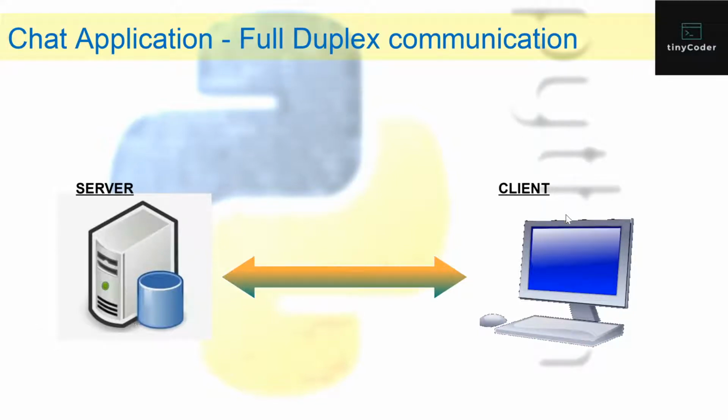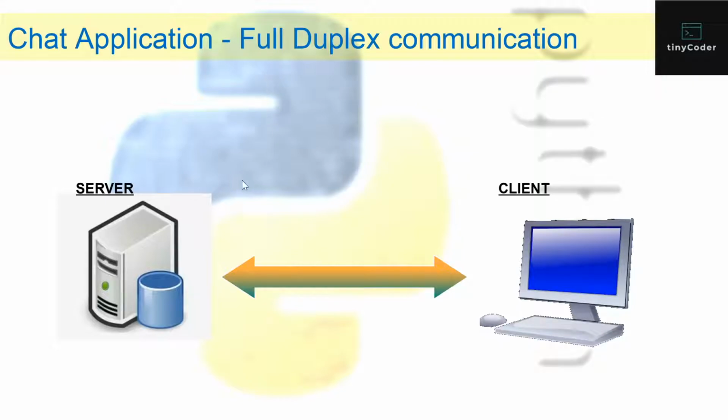That is what we want our chat application to be. We can send messages whenever we want, and receive them whenever we want. So full duplex communication is like the chat application we're going to make today. This is our third type.